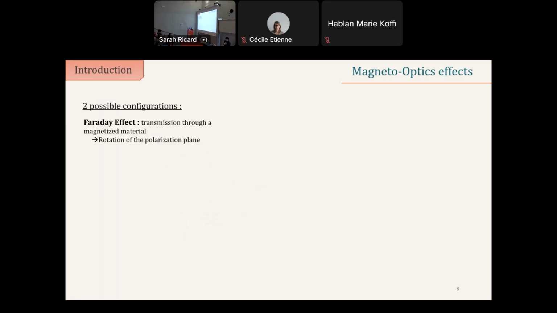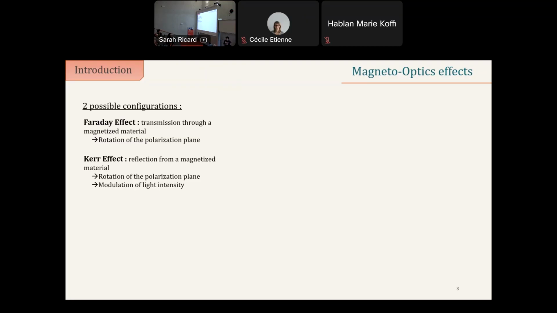What we observe is a rotation of the polarization plane of a wave after transmission through a material, and a typical application is an optical isolator for lasers. But for my work, I'm interested in the Kerr effect. In this case, we are in reflection from a magnetized material, and here, in addition to the rotation of the polarization plane, we also observe a modulation of light intensity.